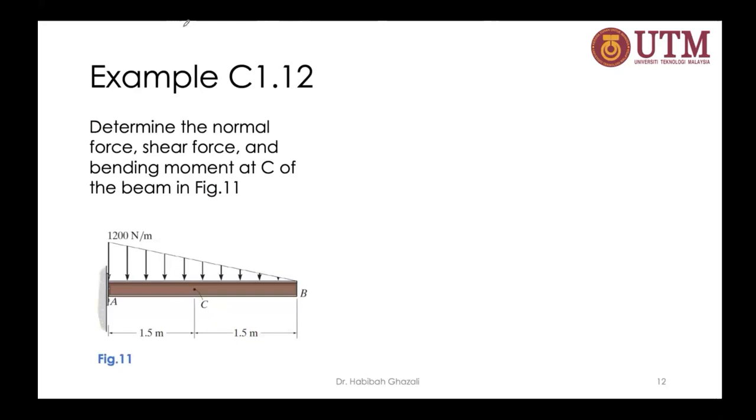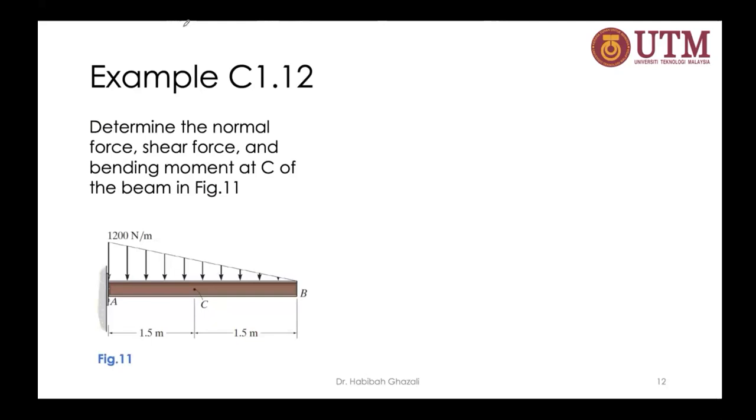No, point D is pin. Look. Point D is pin. It should have dx, dy, md. That's the kilonewtons, it was already md.